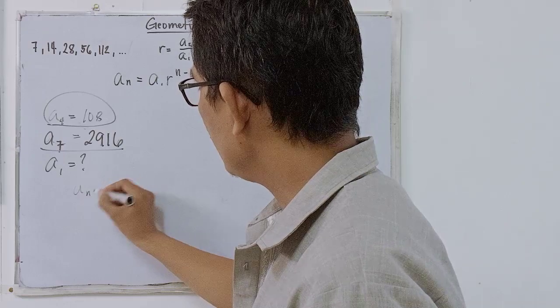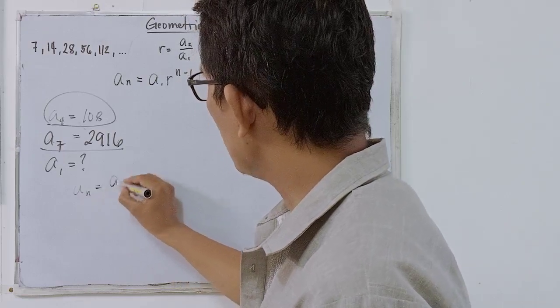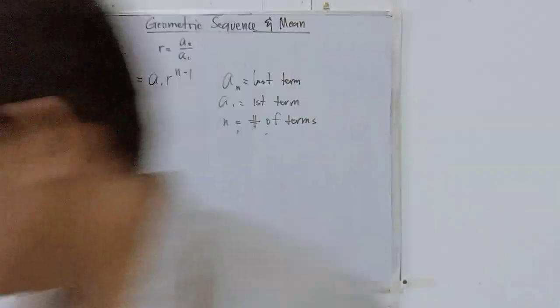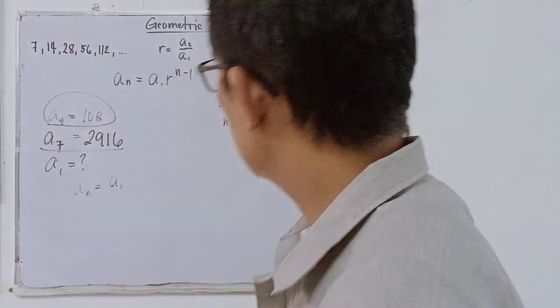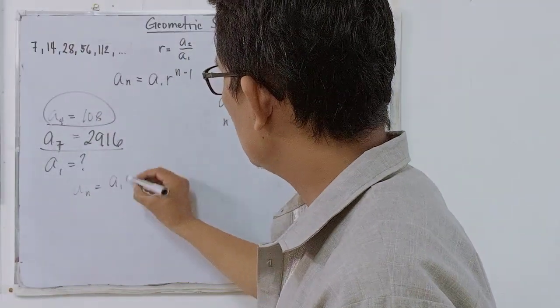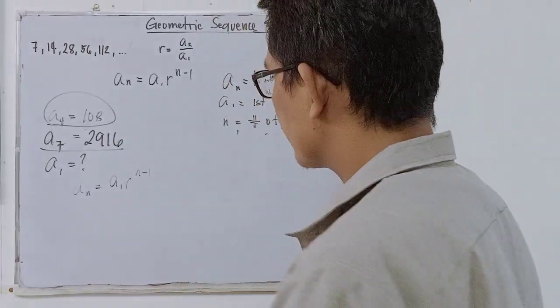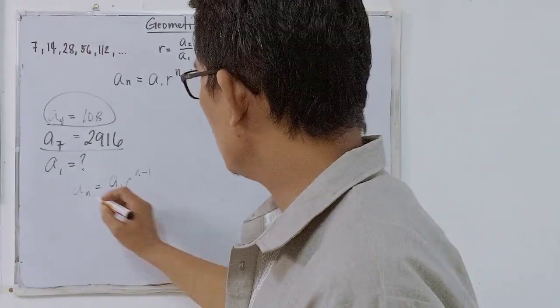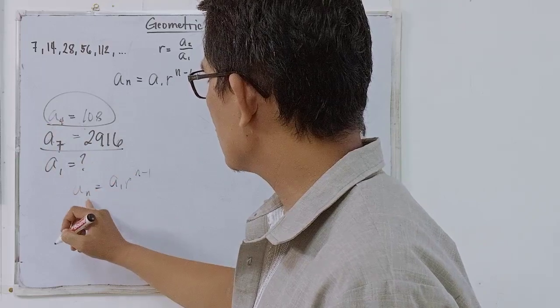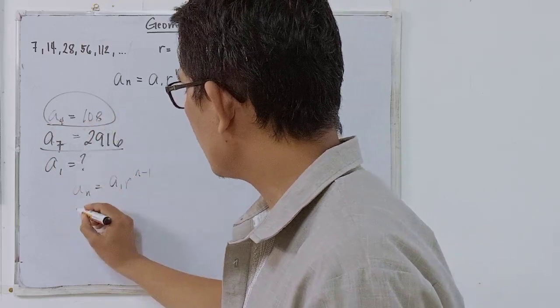Now, let us use our formula by using our a sub 4. A sub n is equals to a sub 1 r raised to n minus 1. Okay? So, our a sub 4 is 108.